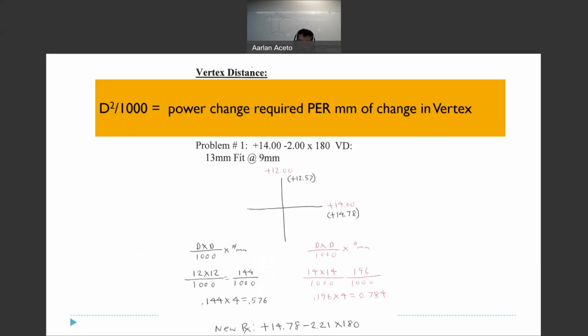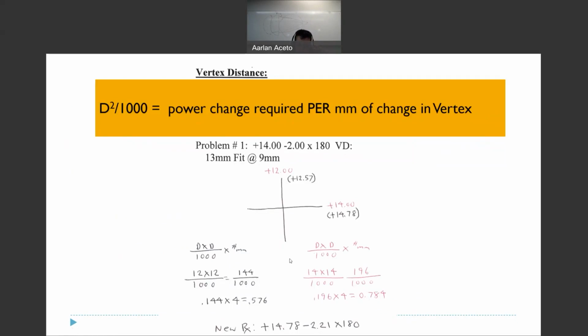So for example, here's an example for the glasses. If you had a plus 14 minus 2 x 180, and the vertex distance that they prescribed was 13 millimeters, and I apologize for how it's set up, it's a little clumsy, but the doctor refracted at 13, you fit them at 9, so you made it 9 millimeters closer.